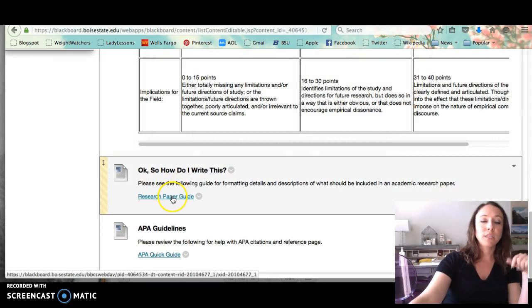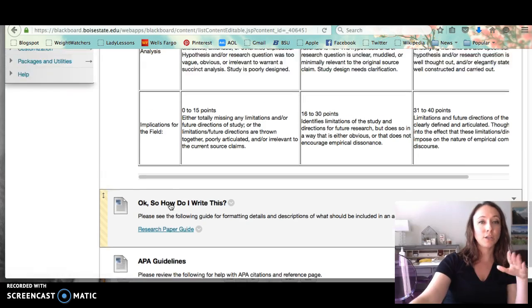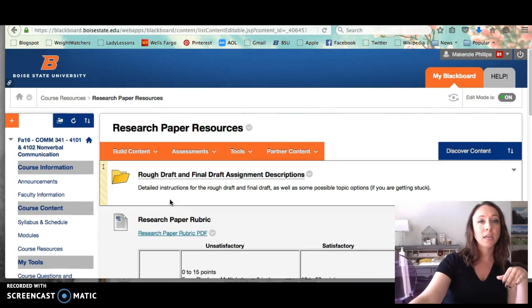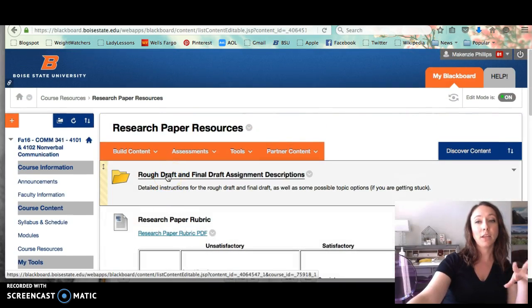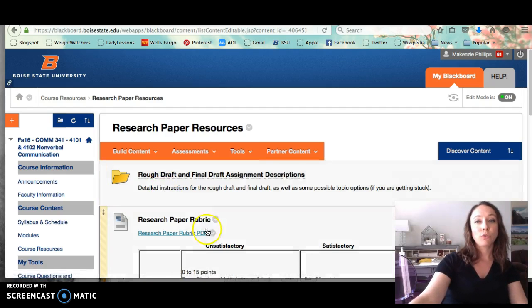I give you a research paper guide on what your paper should look like. There's APA guidelines. There's instructions for both the draft and the final draft. So take a minute. There's nothing necessarily due at this point, but take a minute to start looking through these so you're aware of what the expectations are before we get started too much.